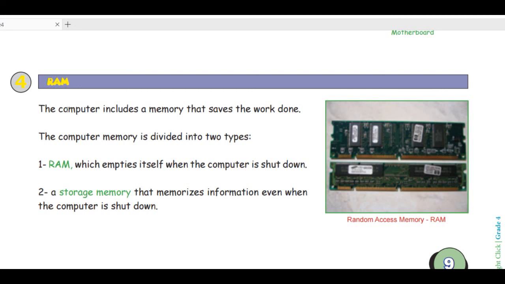After that, you will explain that on a computer you have 2 types of memory. You have the RAM and the hard disk, which is shown here. The RAM will be emptied once you shut down the computer, and the storage memory will keep the information once you save it.